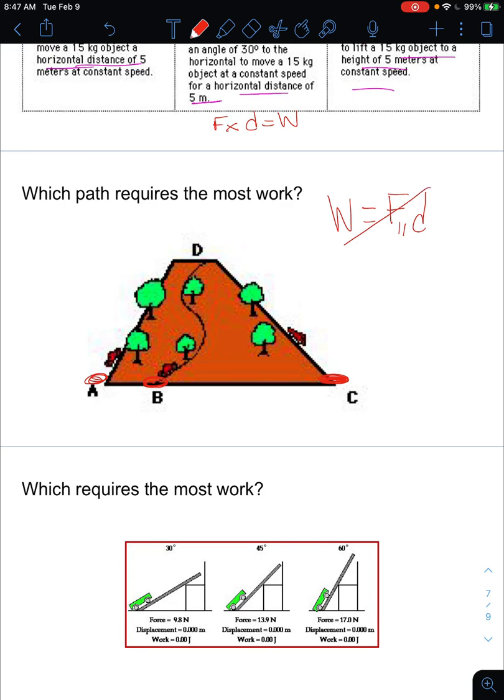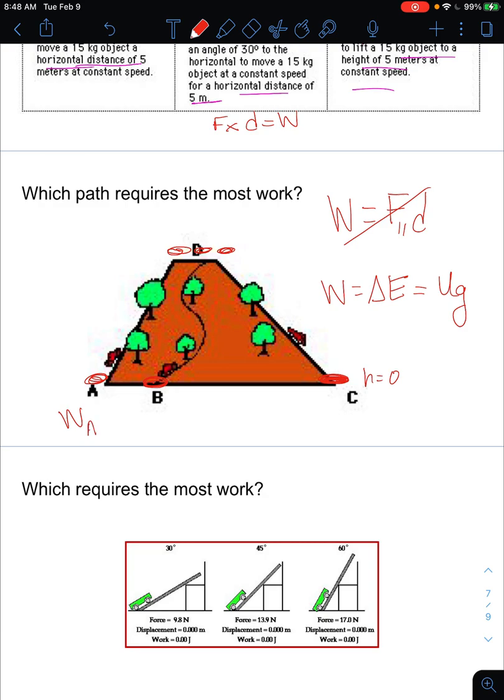Your number one way of thinking about work should be that work causes and is equal to your change in energy. Every single one of these cars starts on the ground at a height of 0, and every single one of these cars is going to get up to point D, and so they're all going to gain gravitational energy. And in fact, all of them will do the same work.